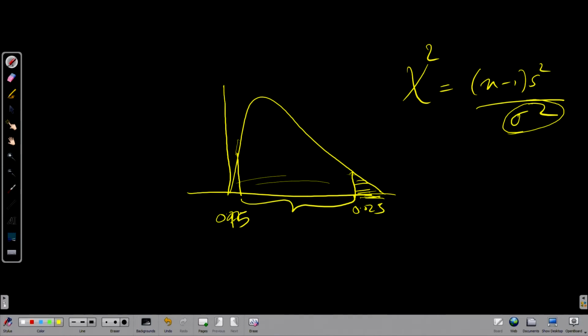At the same time, we will have a very small chi-square value if we are in this other region, because the chi-square value starts from 0. Under what situation will that happen? When sigma square is very large. That is also quite unlikely. Why? When sigma square is very large, the process is not stable, and when the process is unstable, why at all would we go for statistical inference?